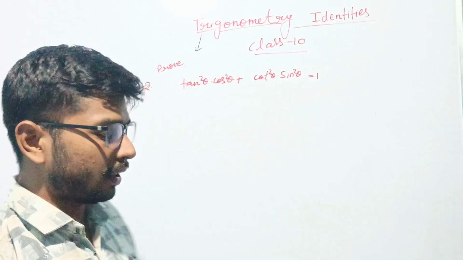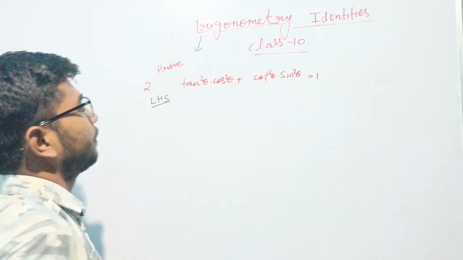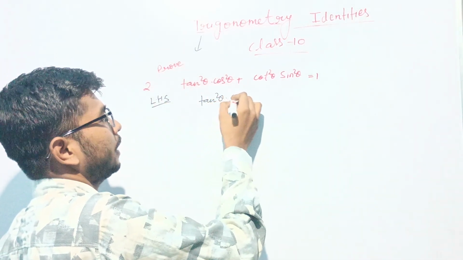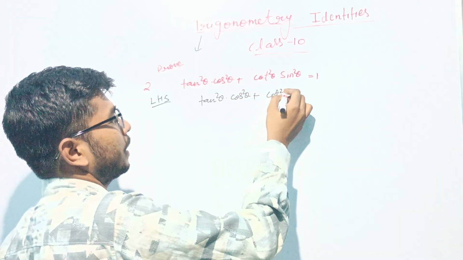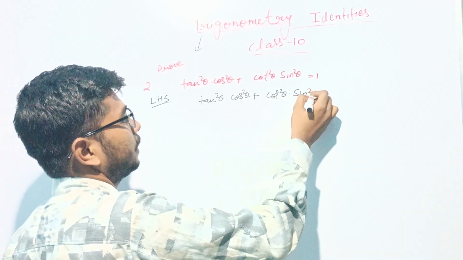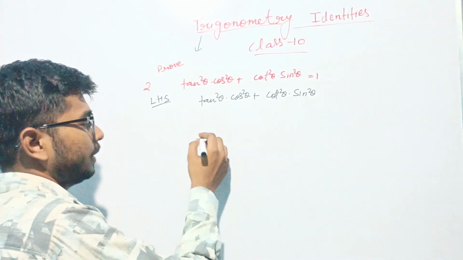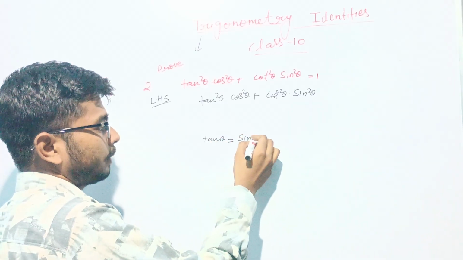Let's take the LHS: tan square theta into cos square theta plus cot square theta into sin square theta. I told you tan theta is equal to sin theta upon cos theta.